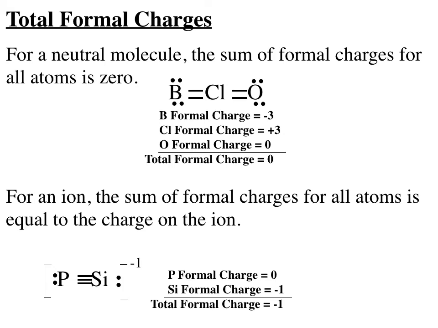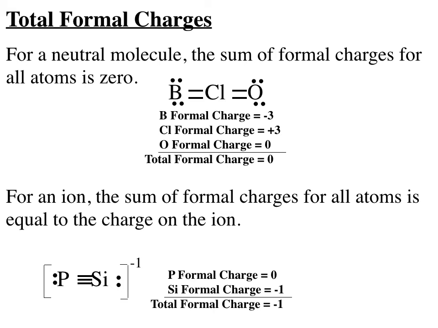you should be able to determine that the formal charge on B has 3 valence electrons minus 2, half the bonding electrons, minus 4 for all non-bonding electrons. The formal charge on B would be minus 3. For the chlorine in the middle, begin with 7 valence electrons minus 4 for half the bonding electrons. That would be 3, a formal charge of +3 for Cl.